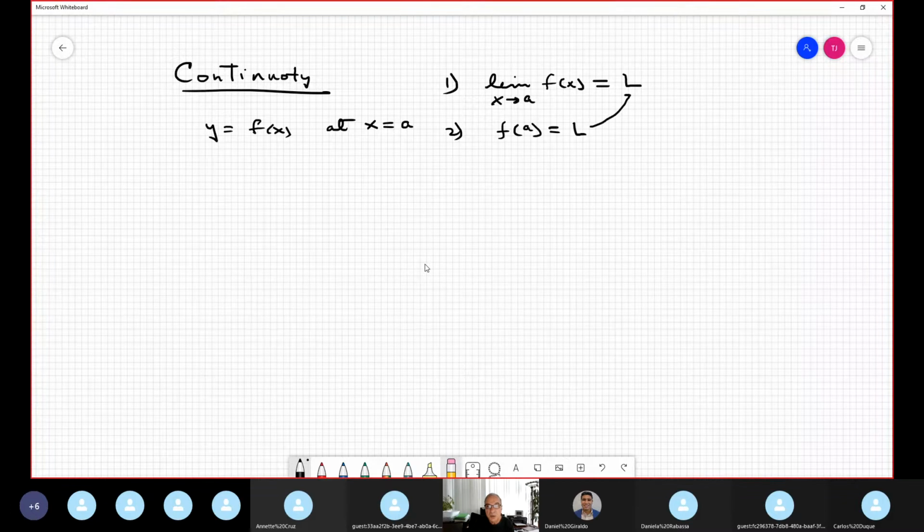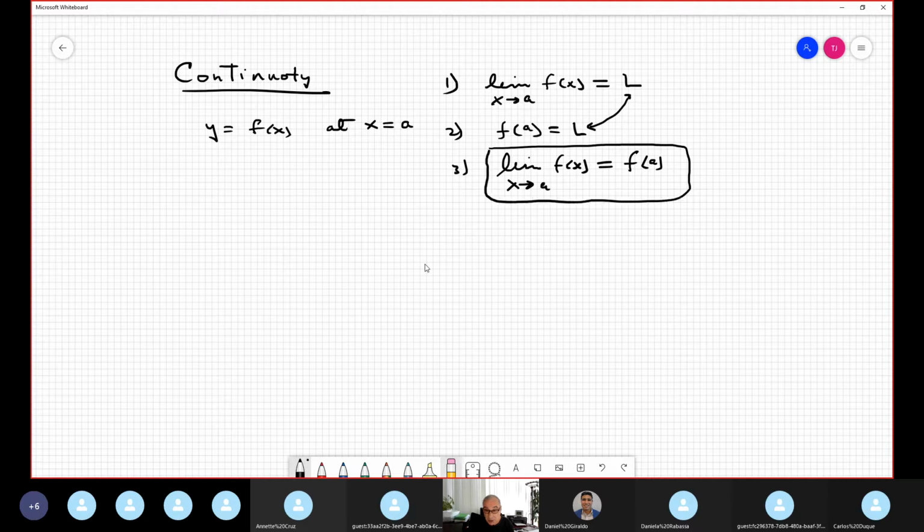And L and f of a are equal, the same number. The 3 conditions coincide. In other words, you express continuity in one expression: the limit and the function value are the same. This is the big idea for continuity.